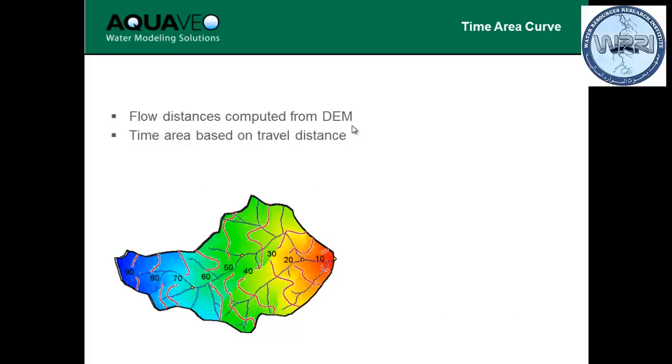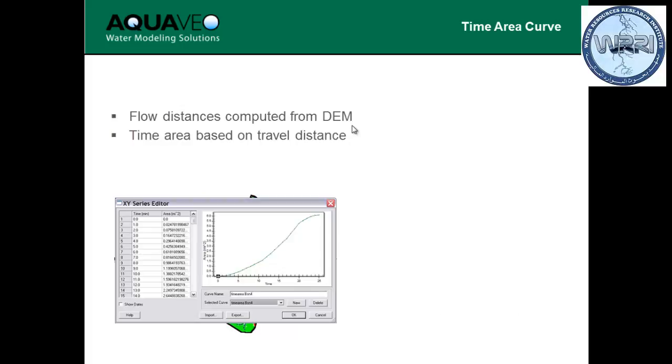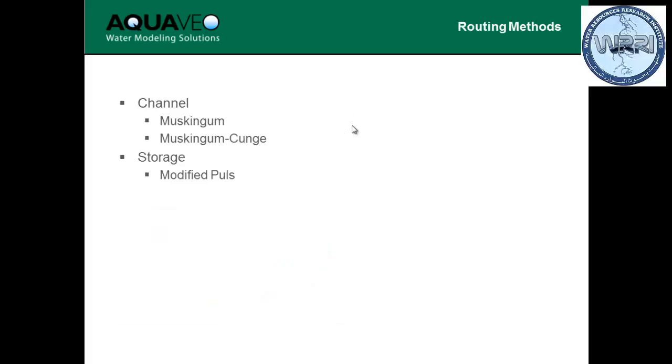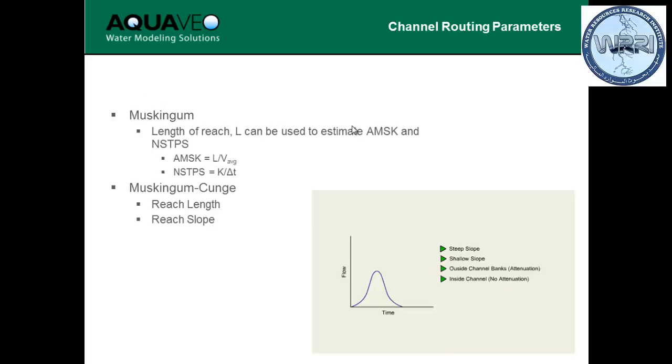I can also compute a time area curve, and this is used in the Clark and Snyder methods for unit hydrographs. I can also define routing parameters, and WMS or HEC-1 does channel and storage routing.